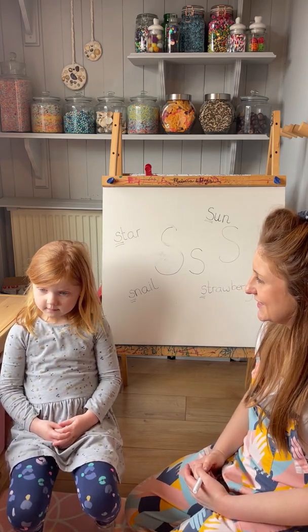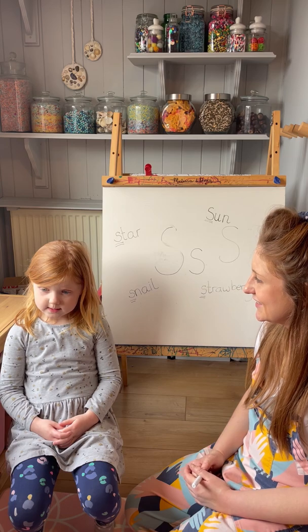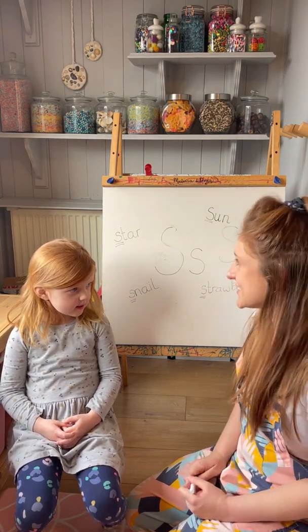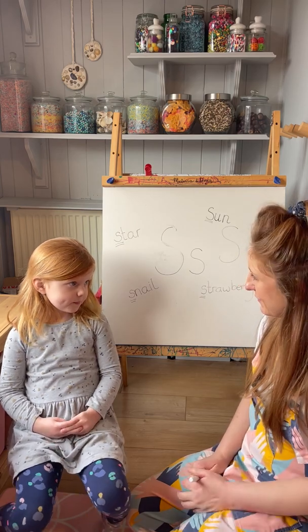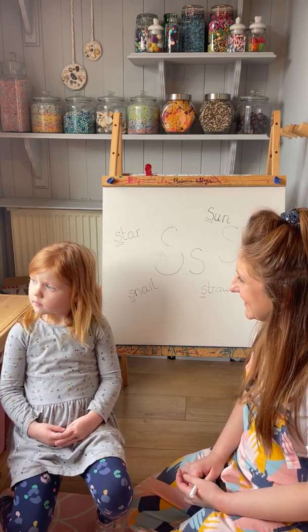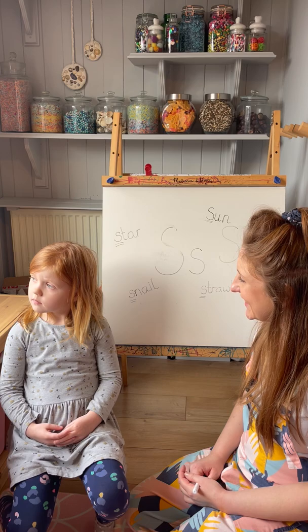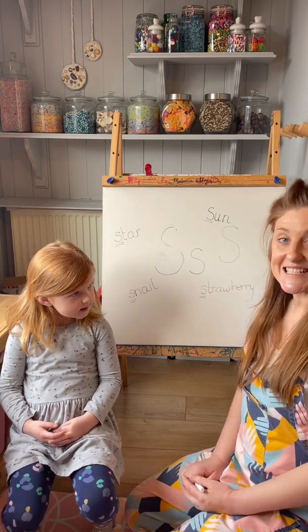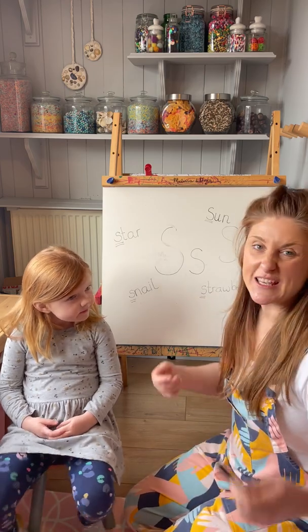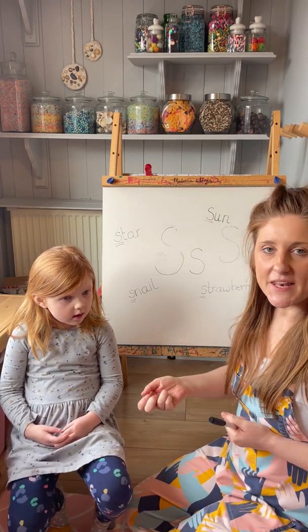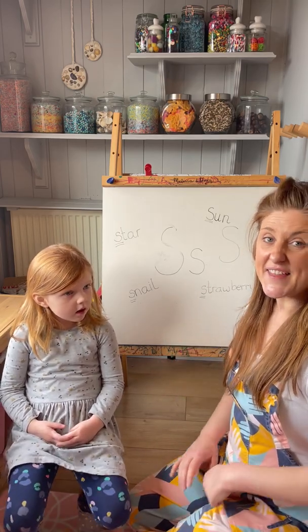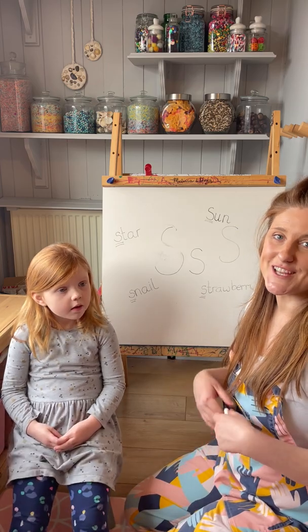Skirt. Skirt begins with a S. Very good. What else might we find? Scissors. Scissors, fantastic. So you could give your little one a basket and they could go off running around the house, grab lots of things that begin with an S, bring it back, and then you can talk about those things. And that is a really great quick way to introduce a new sound.